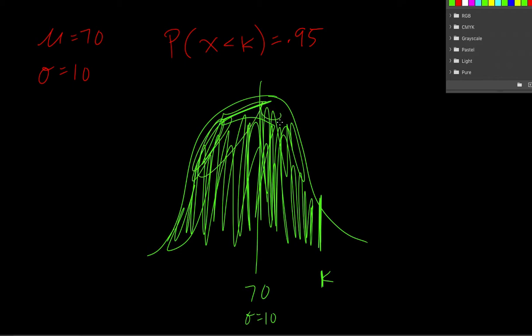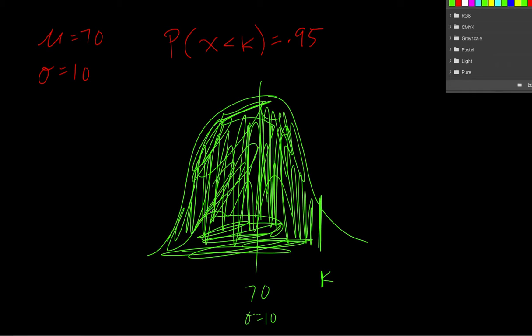So in other words, the area under the curve to the left of that value k will give us 95% of the area, or 95% of the probability, or however you want to think about it.